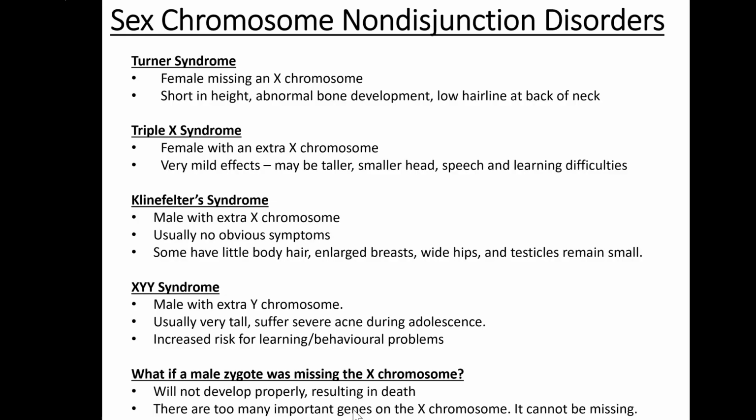The death results because there are too many important genes on the X chromosome, and remember, the Y chromosome does not have a lot of important genetic information compared to the X. So someone without an X chromosome is unfortunately not going to make it.